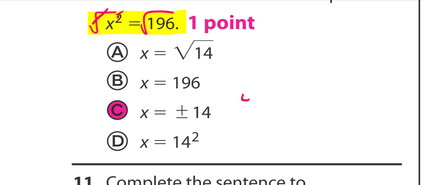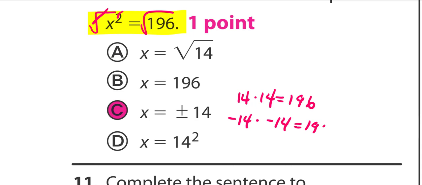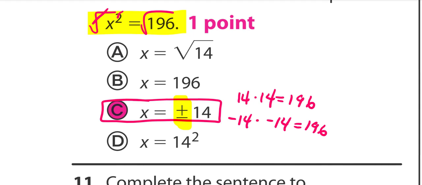So positive 14 times positive 14 is going to equal 196, but also negative 14 times negative 14 equals positive 196. So you need to remember when we're talking about a square root, you want to include this symbol that includes the positive and the negative root.